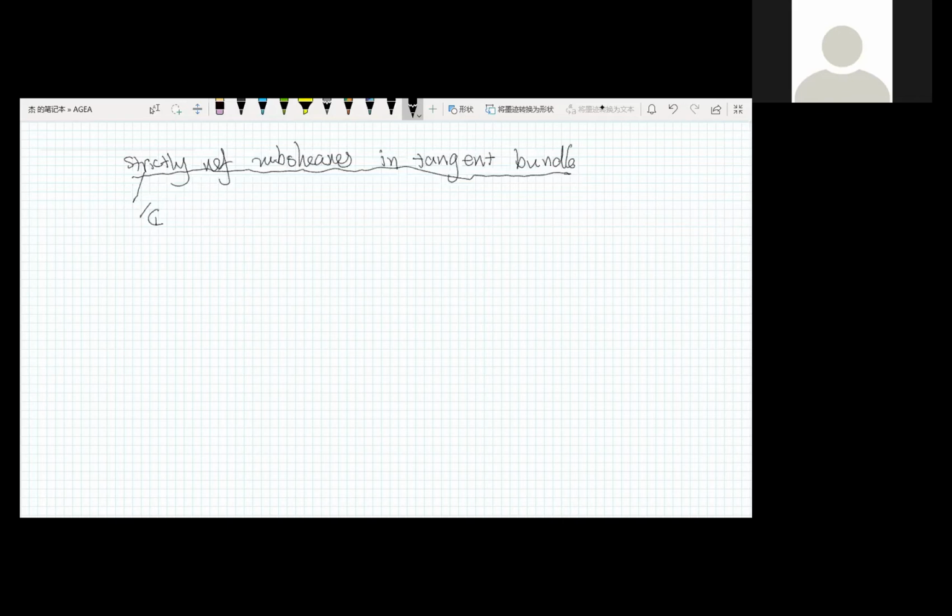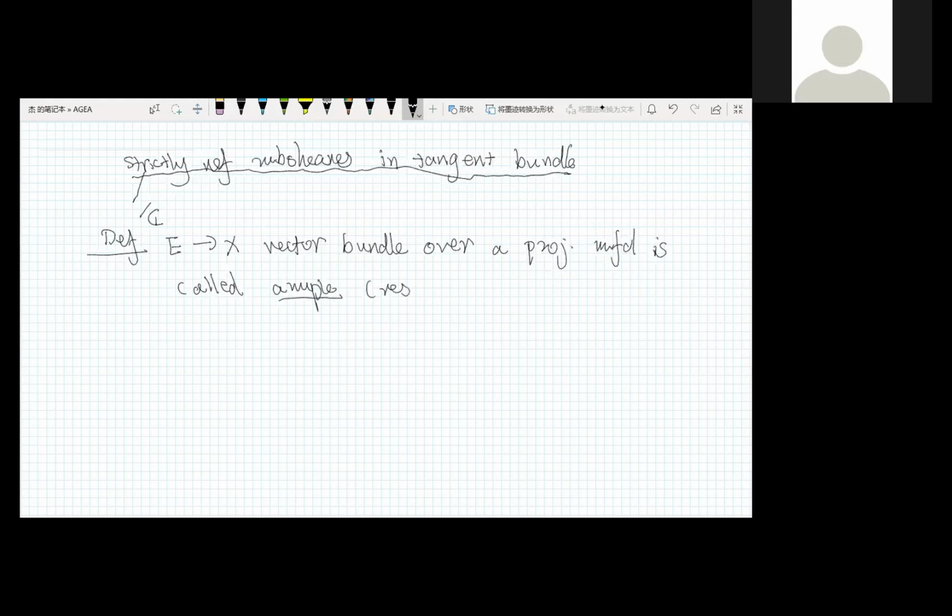Let me take a vector bundle E over a projective manifold X. It is called ample or nef if the tautological bundle O_{P(E)}(1) over the projectivization P(E) is an ample line bundle or a nef line bundle.